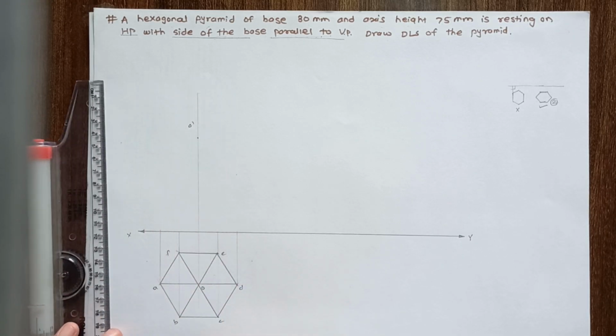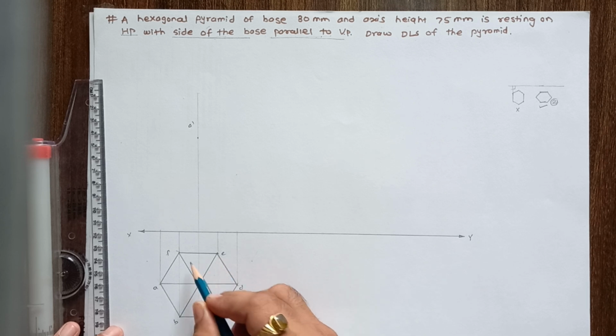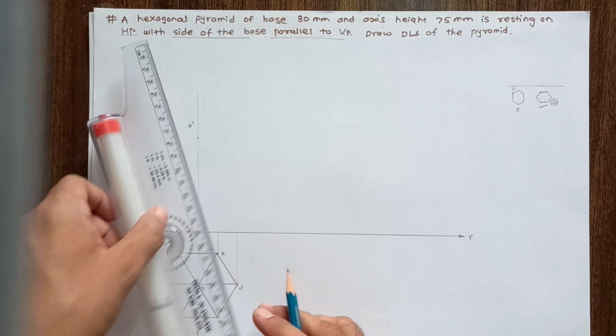Now here, if you look at this object from the front, OA, OB, OC, OD, these four edges are visible. But OF and OE, these edges are not visible from the front. OB and OC are at the front side and OE and OF are at the back side.